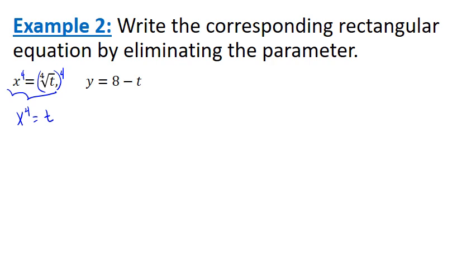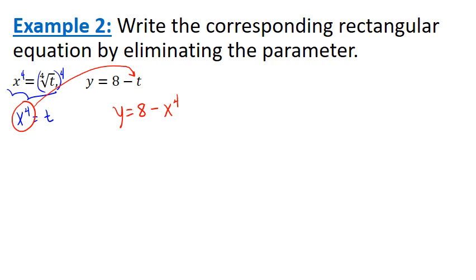Once I have one equation solved for t, I will take that and plug it into the other equation for t. So this becomes y equals 8 minus x to the 4th. This here is my corresponding rectangular equation because there aren't any t's involved.